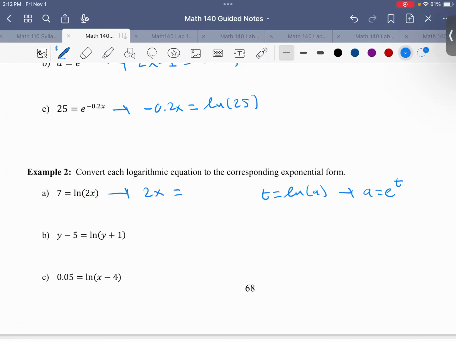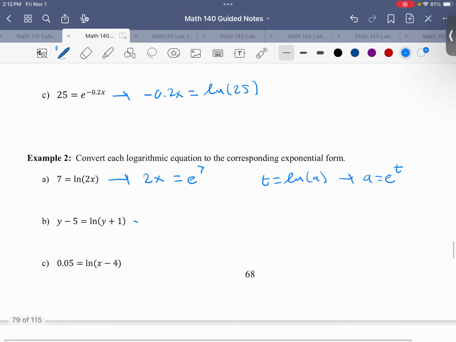And then whatever is on the left-hand side goes into the exponent for e. So e to the 7. Okay, so likewise, this would be y plus 1 equals e to the y minus 5. And here we would have x minus 4 equals e to the 0.05.